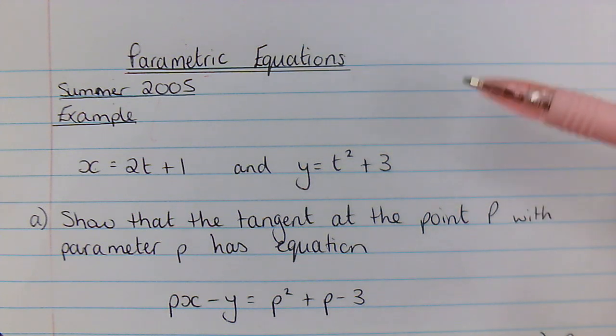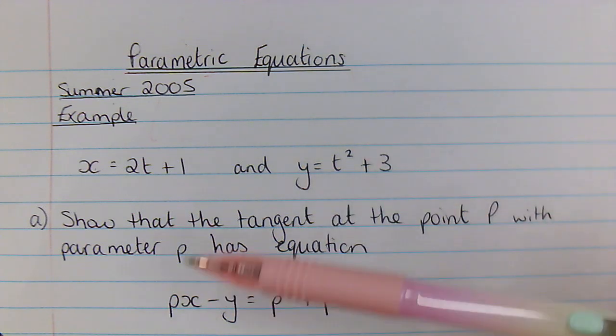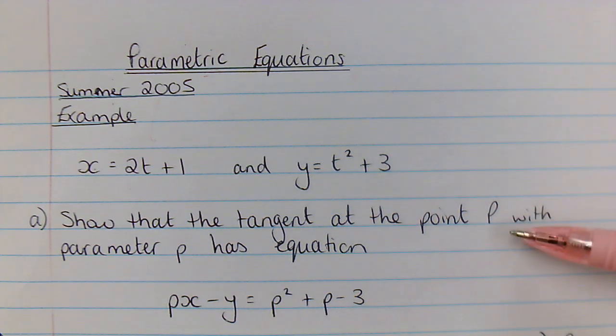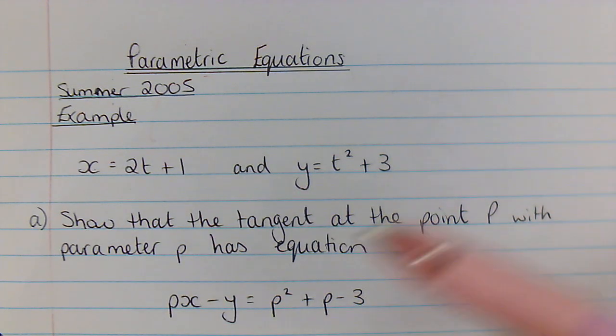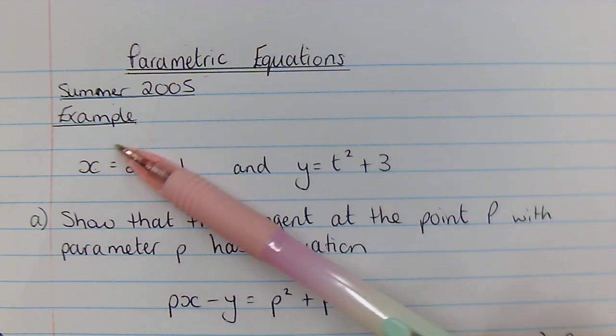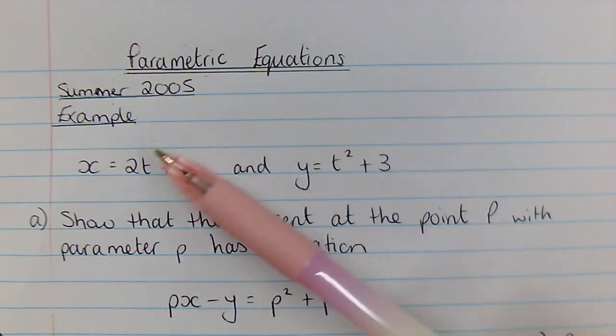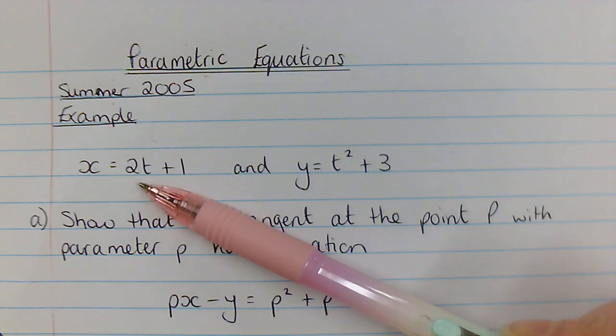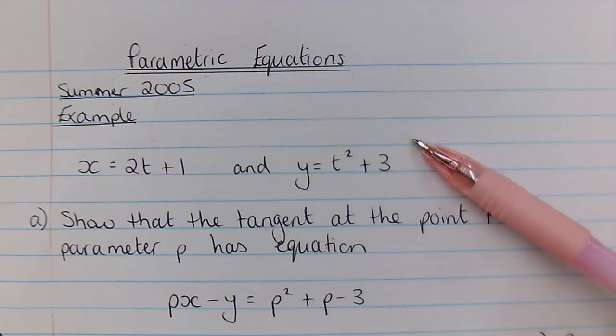Okay, the difference now is they also introduce another parameter, and in most cases they call it p. All that means is that we're looking at points along a graph. In this particular situation, x is 2t plus 1 and y is t squared plus 3.